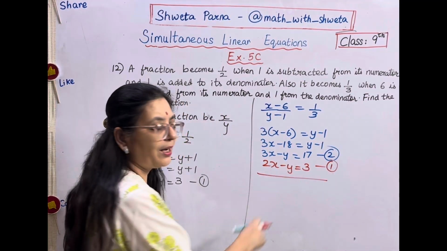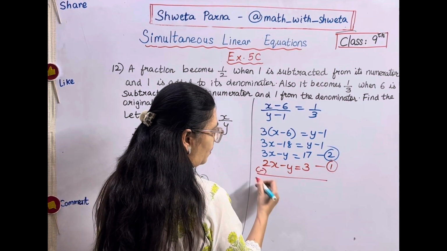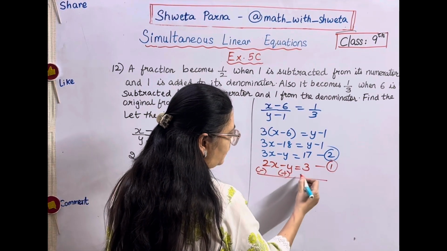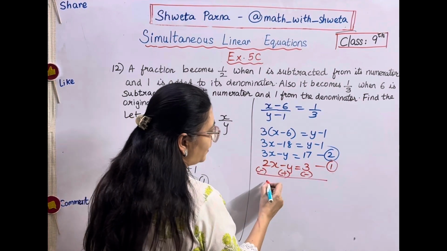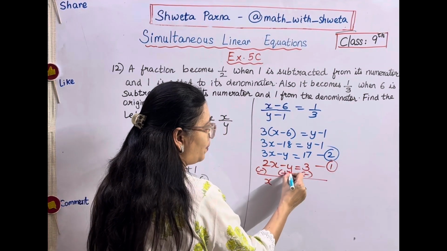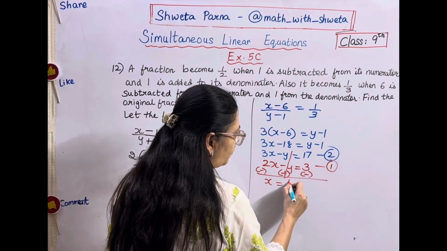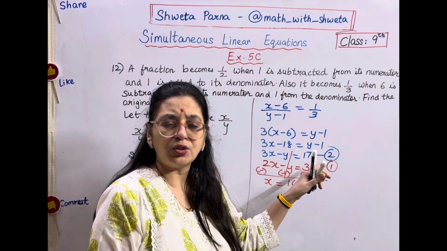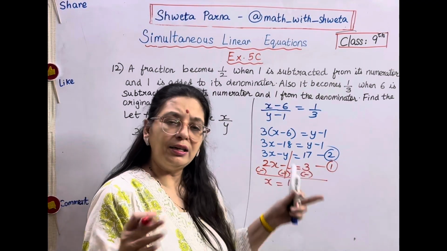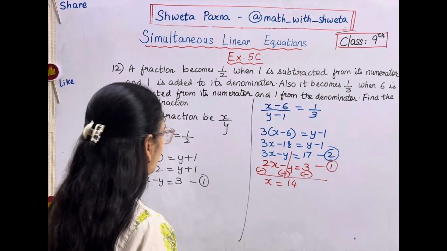Now minus y, same sign, so you will have to subtract it. So this will become minus, this will become plus, and this will become minus. 3x minus 2x is x, minus y plus y, you can strike it. 17 minus 3 is 14. Children, it doesn't matter whether you take the first equation first or the second equation first. Ultimately, you will get the same answer. Now, let's substitute it in any of these equations.